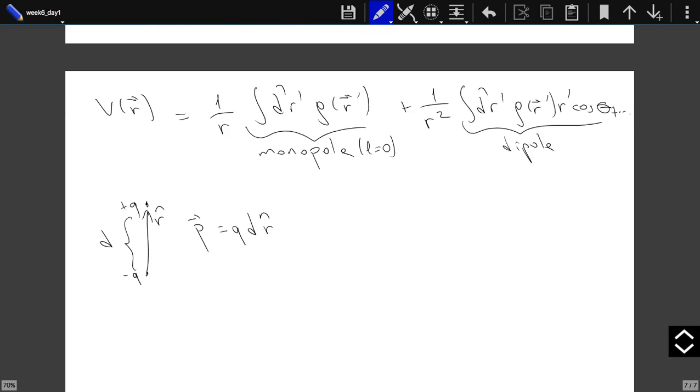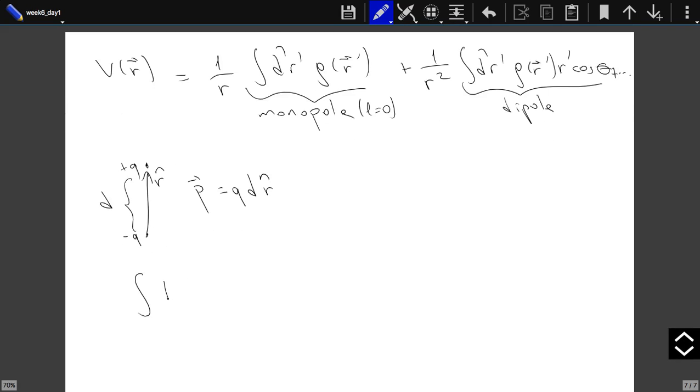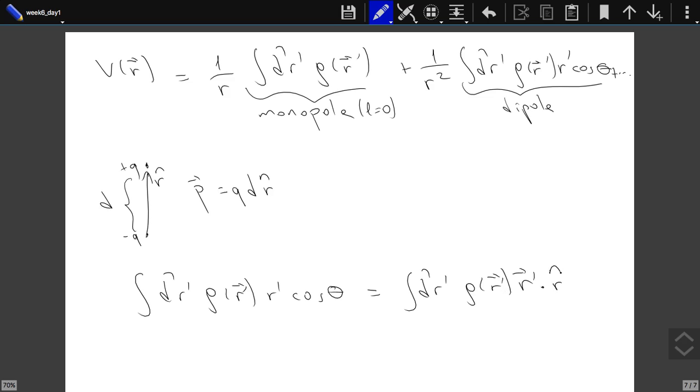Now let's look at it in a slightly different form. So this is the expression of the dipole. We will define the dipole vector. Now in that case, we only had 2 point charges. That was our simple dipole. But this definition of dipole is valid for any charge distribution, not necessarily just 2 point charges. Now this is nothing but d cubed r prime, rho of r prime vector multiplied with the r hat vector.